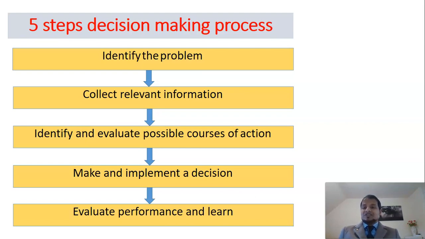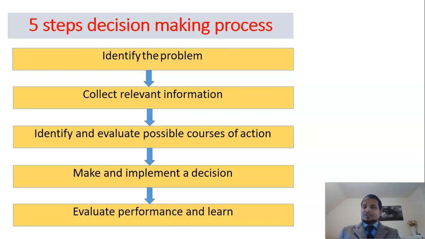How do we make the decision? We can see here 5 steps of the decision-making process. Firstly, we have to identify the issue, the act or the phenomena on which we are making a decision. We have to identify the problem.